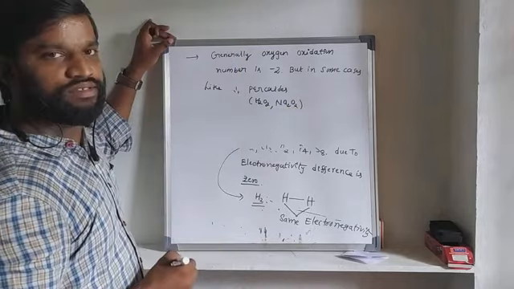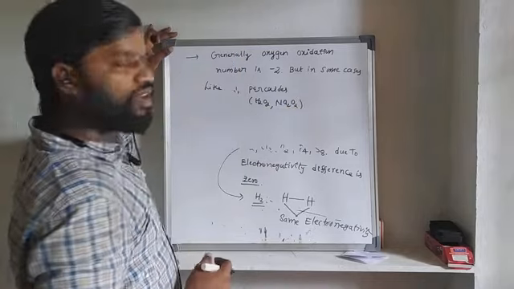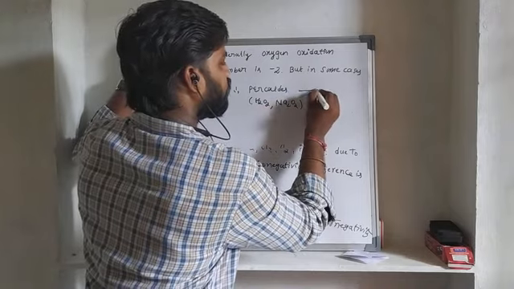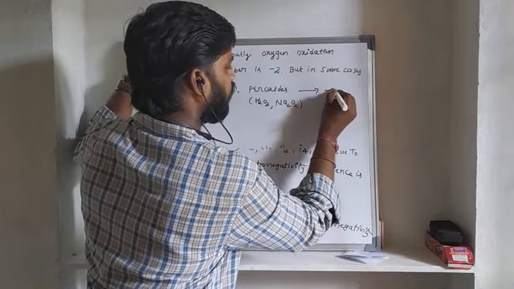In these cases, in peroxide molecules, oxygen is -1.